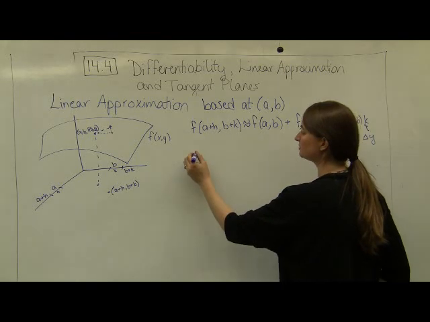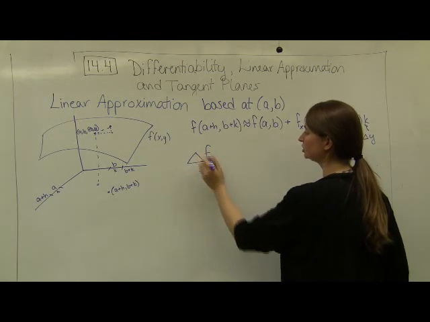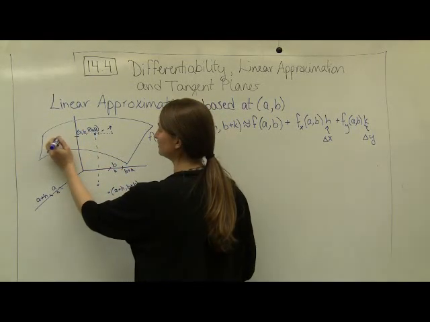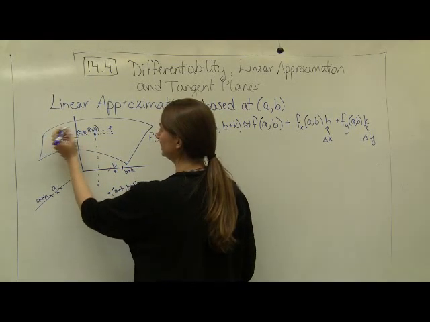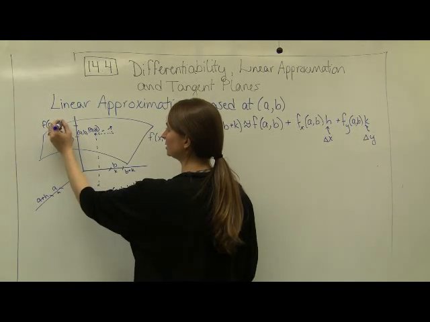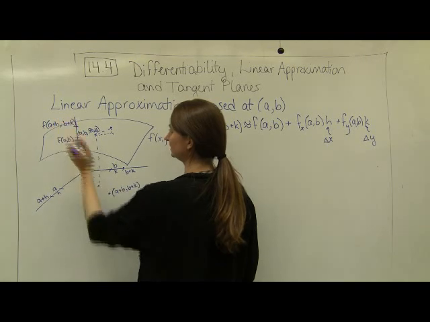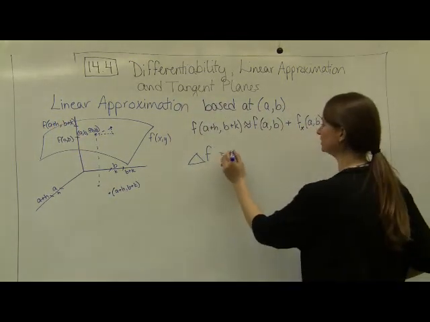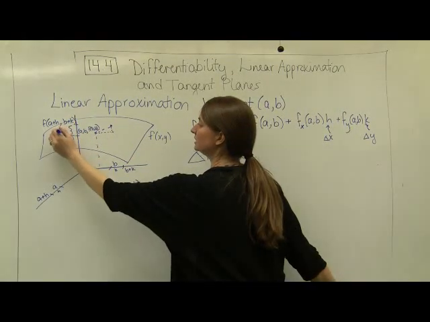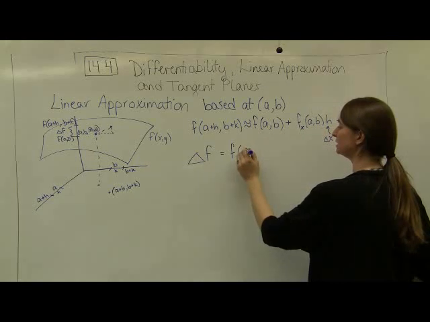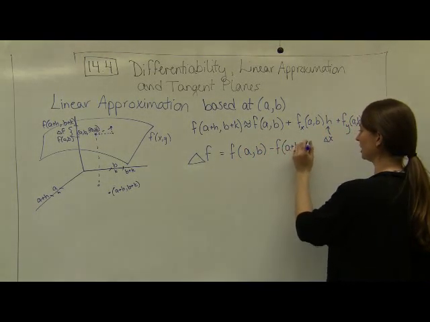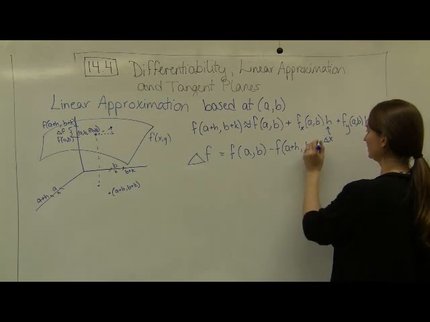So I could also conceptualize my change in f value. Here my original f value is given at f(a, b), and my new f value is up here at f(a plus h, b plus k). My change in f, delta f, is going to be the difference between these two values, f(a plus h, b plus k) minus f(a, b).